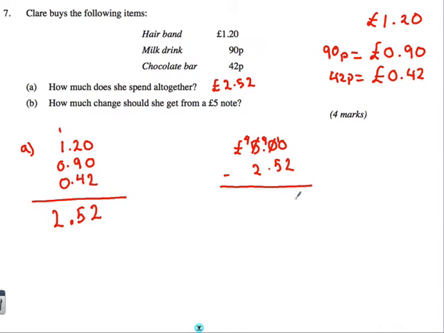So 10 take away 2 would leave us with 8. 9 take away 5 will leave us with 4. We've reached the decimal point. 4 take away 2 will leave us with 2. So she gets £2.48 change.